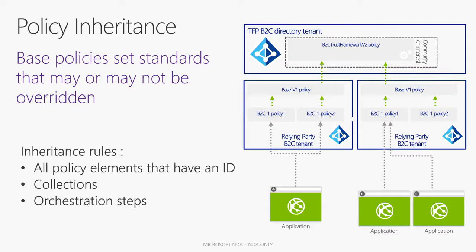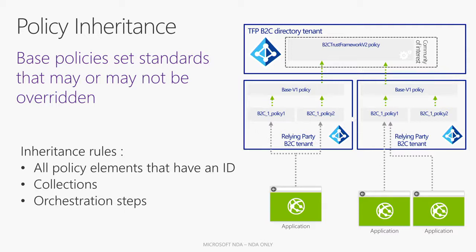When I say inheritance, I mean similar to what we are used to in programming languages. We can typically have one base trust framework where we can say, these are all my user journeys, these are my identity providers that I'm going to federate with, these are the protocols they use, and then every application can go and override some of those behaviors depending on its needs.